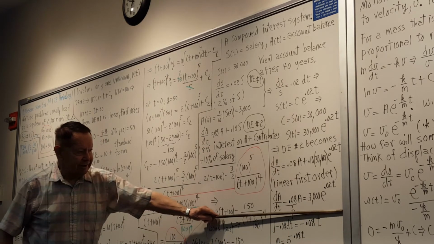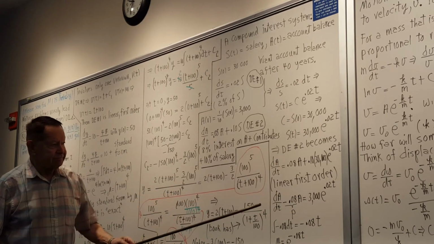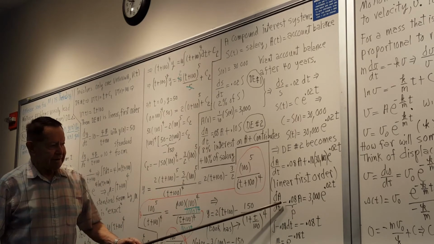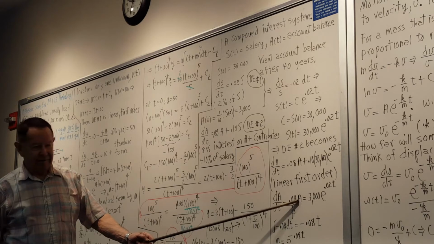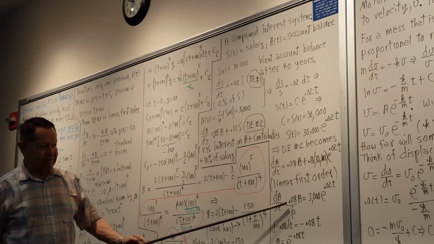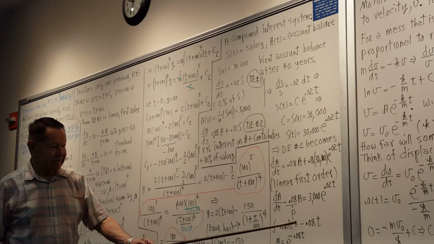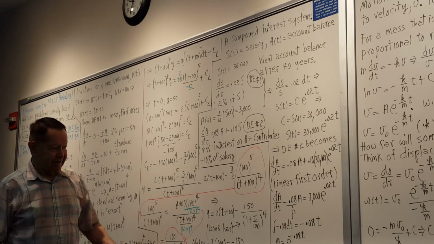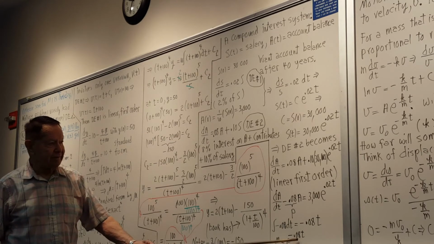And you see, this is linear first order. And so to get the integrating factor, you remember the P is the coefficient of what would be the A in this problem, complete with any minus sign. So it isn't 0.08, it's minus 0.08. So you integrate that, and then your integrating factor is this negative exponential.